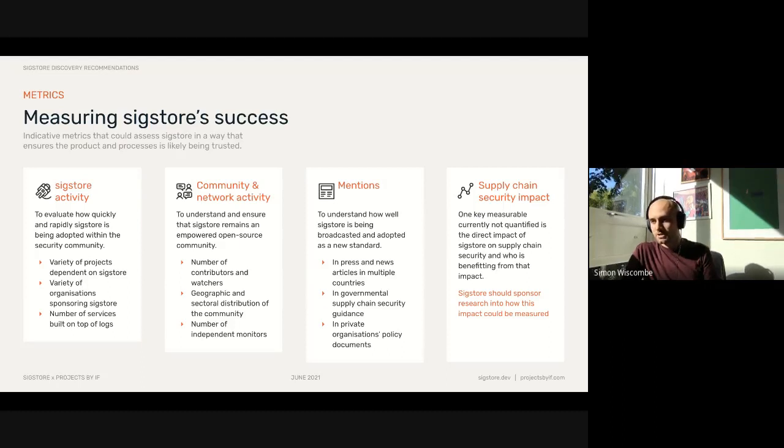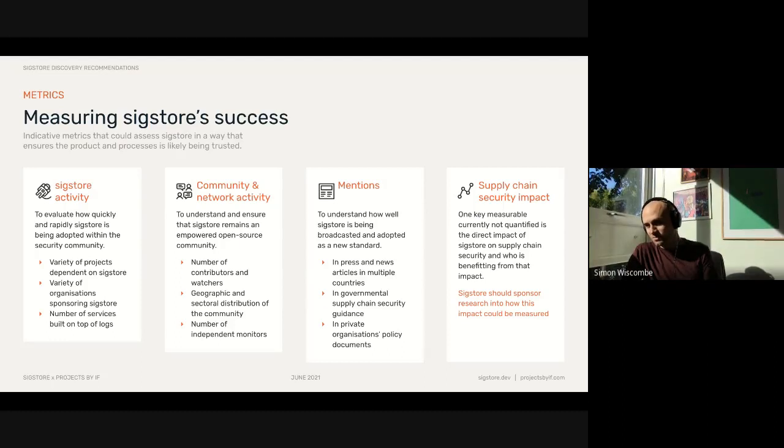The third one is really about broadcast and how it's being adopted as a new standard. So on one hand, that's how often Sigstore is being mentioned in press and news articles and where, but also how often it's being mentioned in governmental supply chain security guidance and in private organizations' policy documents to show the uptick.